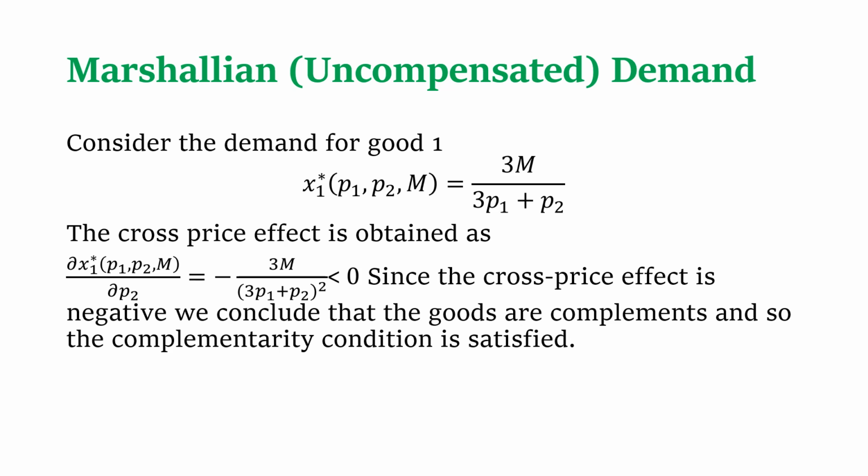The cross price effect here is obtained by just taking the derivative of each of the Marshallian demand functions with respect to the price of the other good. Let's take, for example, the demand for good 1. So the cross price effect there is going to be the derivative of x1 star with respect to p2. And that gives us minus 3m over (3p1 plus p2) squared. That one is less than 0.